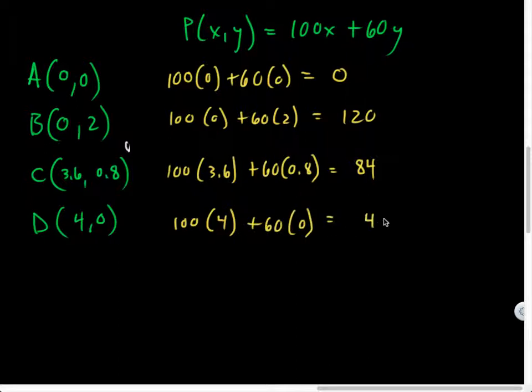That's just 400. Yeah, we have a winner. So 4, 0 in context of the problem would say make 4 chairs. Wait, how is 100 times 3.6... Oh, that's 360. Good call. You got me.